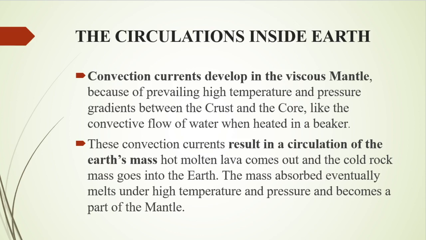These convection currents result in a circulation of the Earth's mass. Hot molten lava comes out, and cold rock mass goes into the Earth. The mass absorbed eventually melts under high temperature and pressure and becomes a part of the mantle.